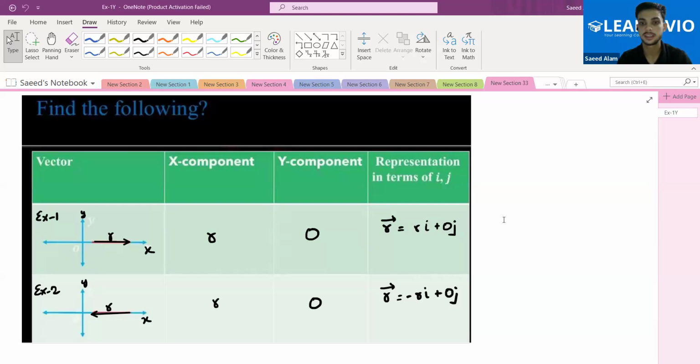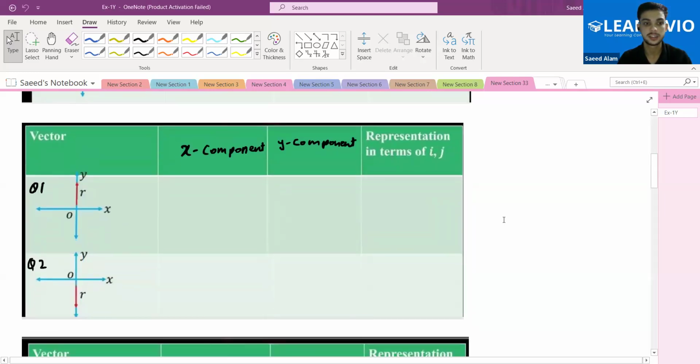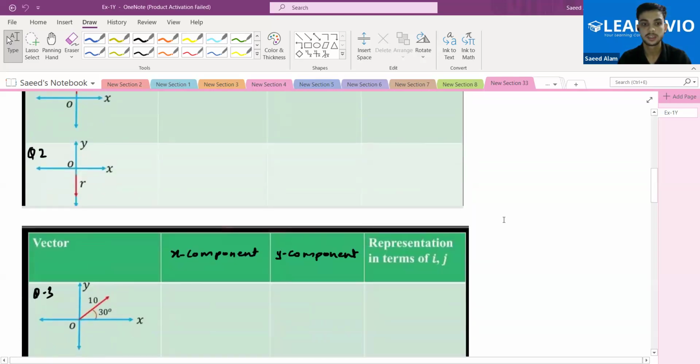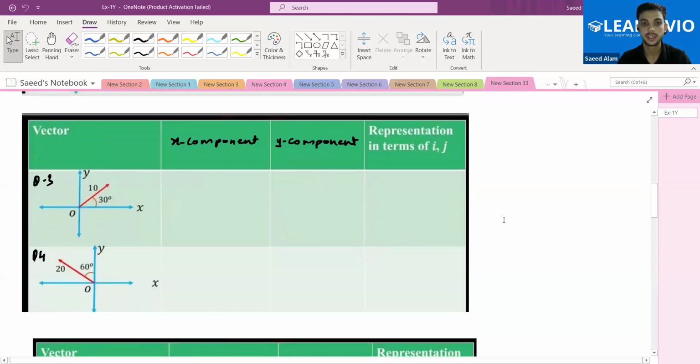Taken, Rasha, Athiya, both of you? Done, sir. Take the screenshot of this also. Keep on doing it fast.